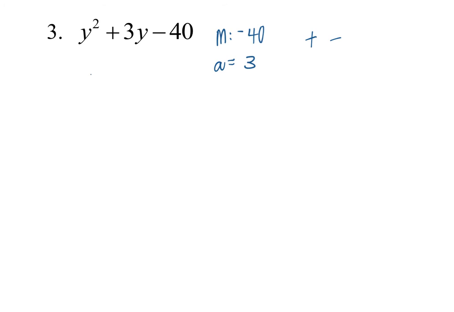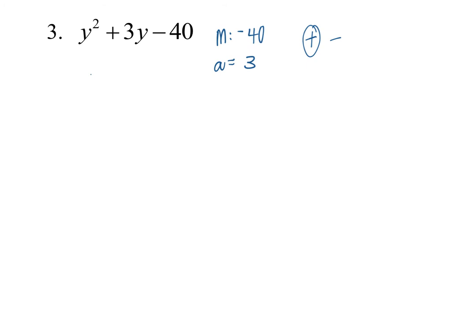So of the two numbers that I choose, the larger number will have the positive sign with it. The smaller number will have the negative sign with it. And I always do go through and circle the sign that the largest number will have.